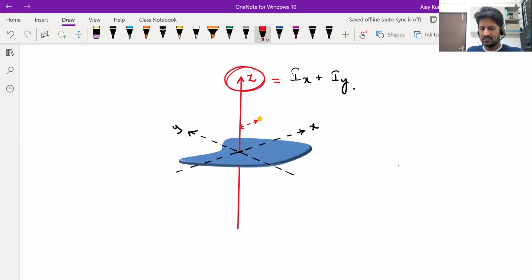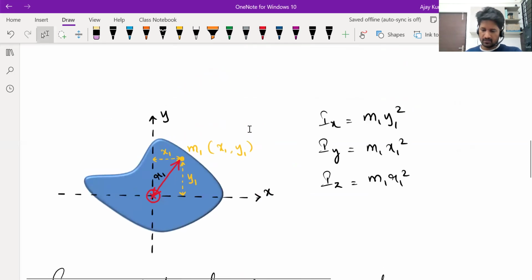If you study 3D geometry, you'll understand. If the point is not in the XY plane, if it is somewhere above or below the XY plane, then its distance from the X-axis won't be the Y coordinate. It will be root of Y square plus Z square. How am I saying that? See, we took a point in the XY plane. Its distance from the Z-axis was root of X square plus Y square.